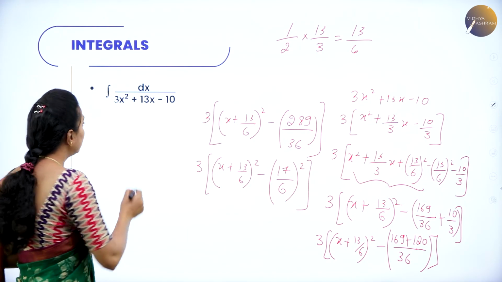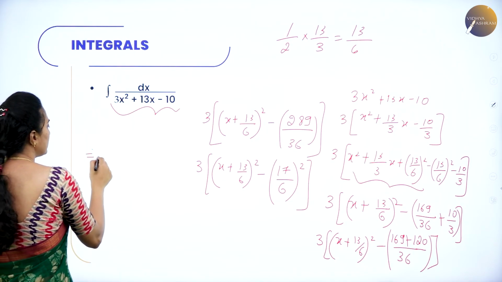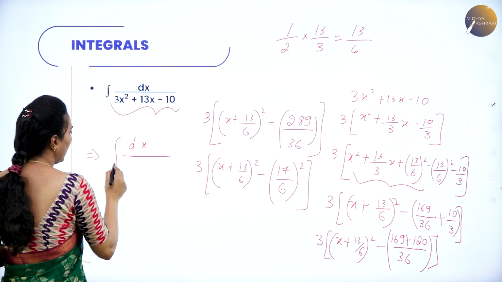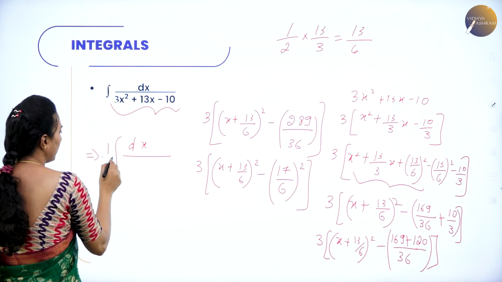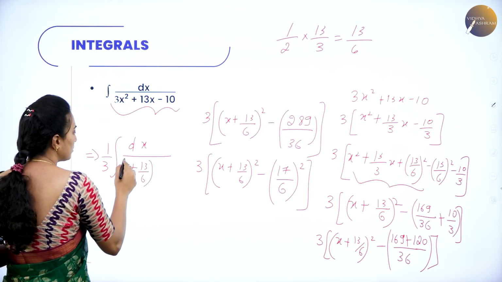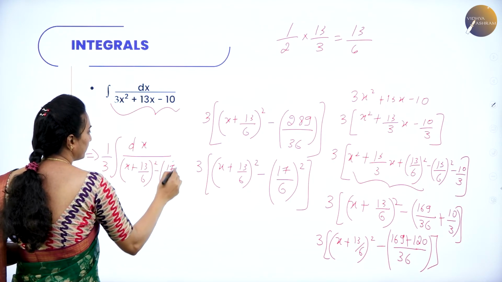Now writing the denominator like this, which implies the integral of dx divided by... you have 1 by 3, see, 3 is there, so 1 by 3 will be outside, (x + 13/6) whole squared minus (17/6) whole squared.